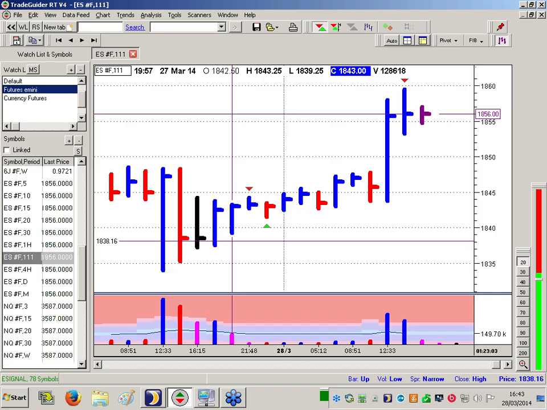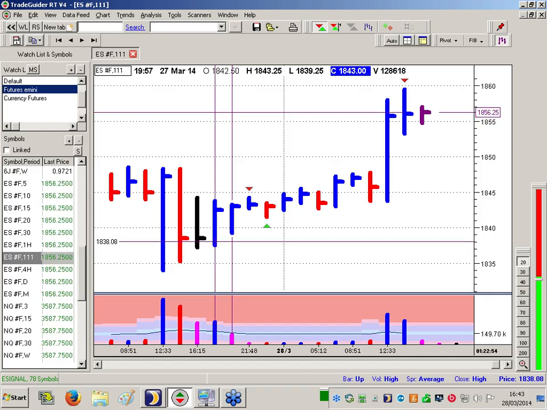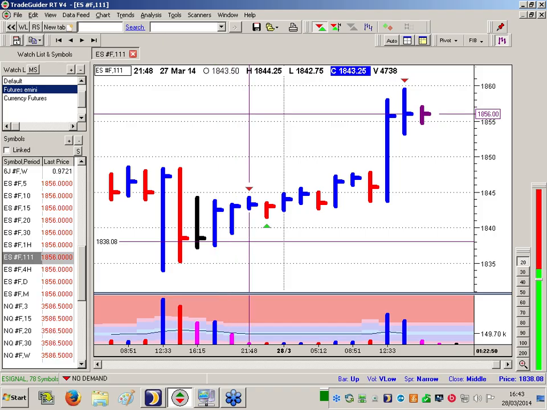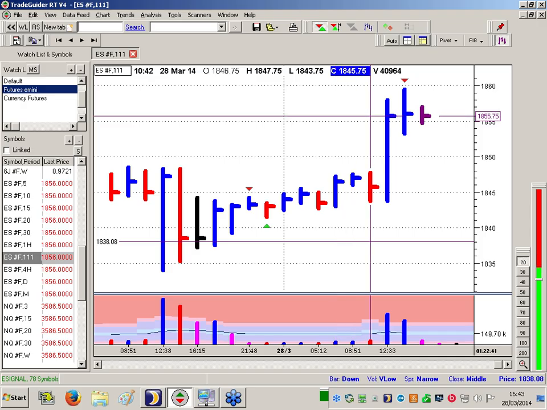Closed near the high, on the high. Spread is narrow. That's a test. They have a little bit of no demand here, as we saw. That's followed by another test, look. Up, up, another test. Up, up, another test.